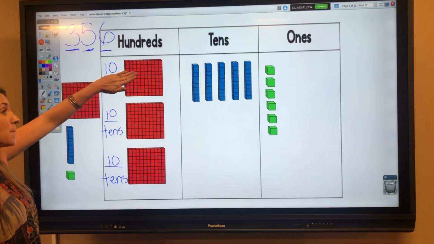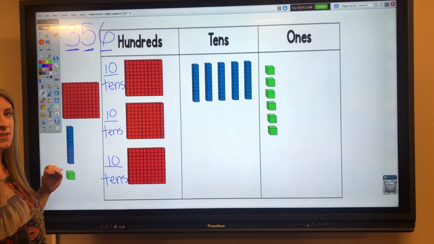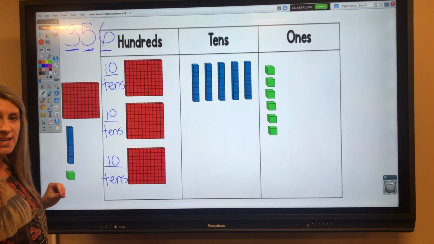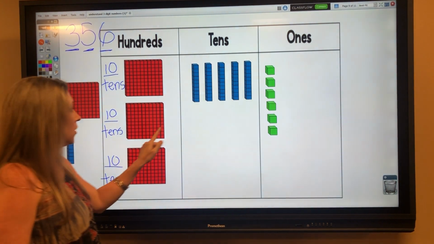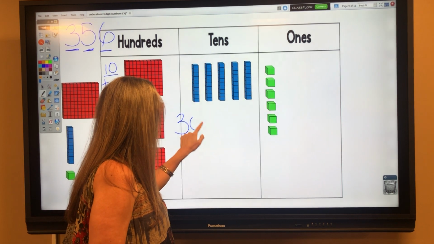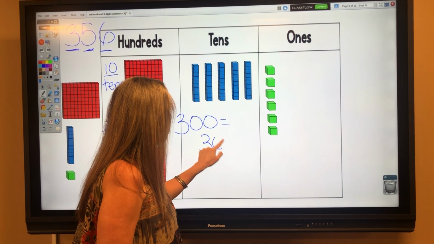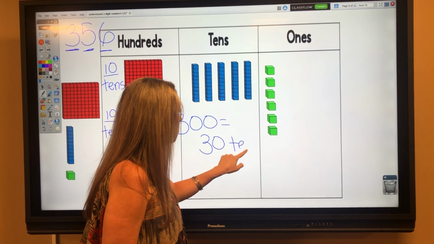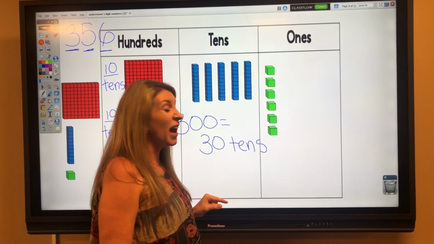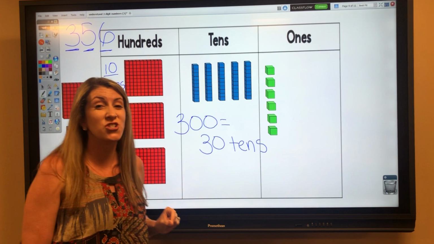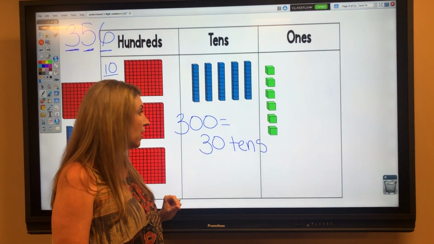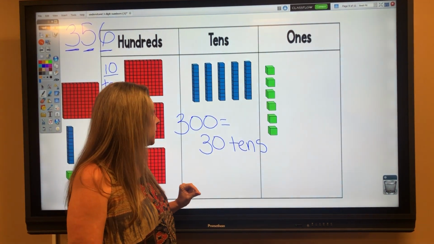That means in the number 300, that's 30 tens. So 300 is equal to 30 tens. Whoa. So if I had $300 in just tens, I would have 30 tens.